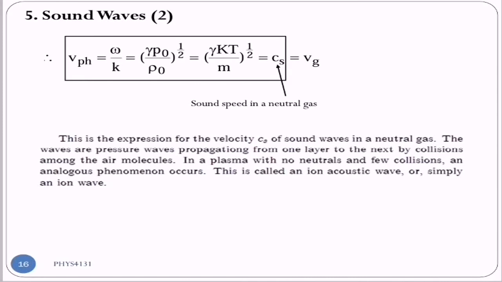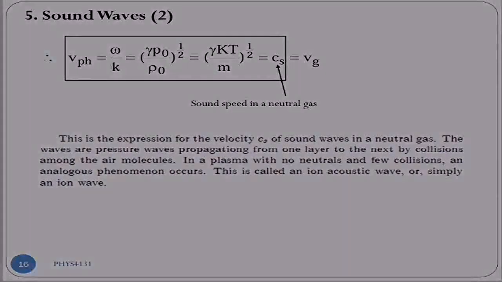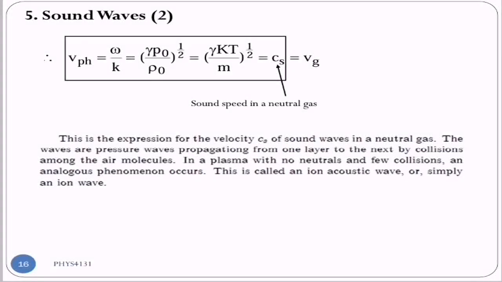Then using the values of p naught and rho naught, we get gamma kT over m to the power 1 over 2, which is equal to Cs, the speed of sound in a neutral gas, or this term is equal to Vg, the group velocity.